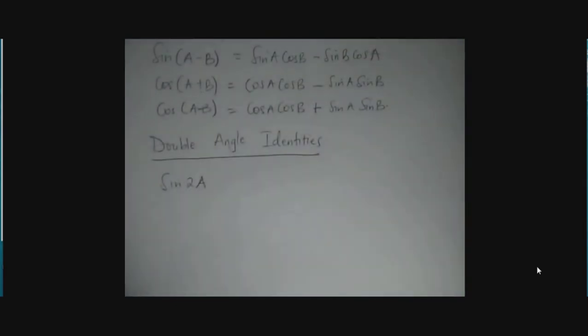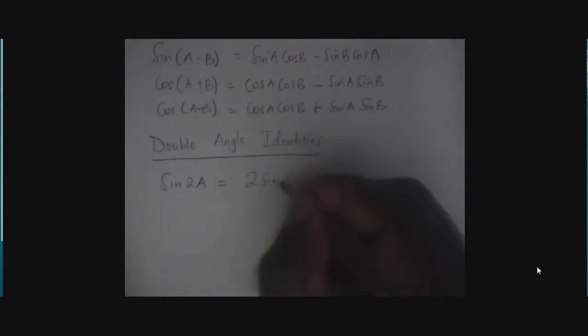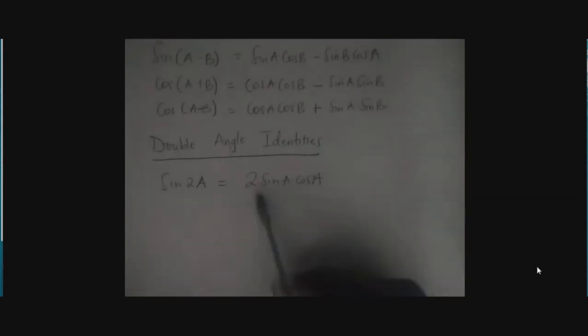The first one that we have is sine 2A. Sine 2A therefore will be equals to 2 sine A cos A. And then I sent a picture of how this is developed, so you have to look into it on the other group. Sine 2A is equals to 2 sine A cos A.